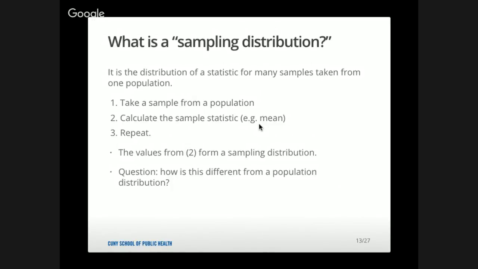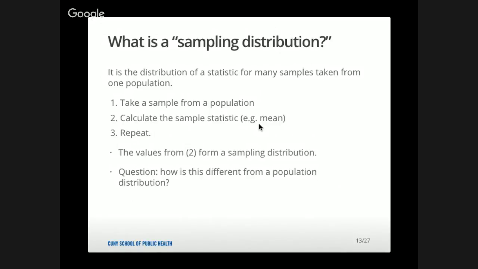This is like a distribution of test scores, a distribution of ages, weights, heights, whatever. This is a probability distribution of individuals in a population. A sampling distribution is far less intuitive because it doesn't represent individuals, it represents samples.